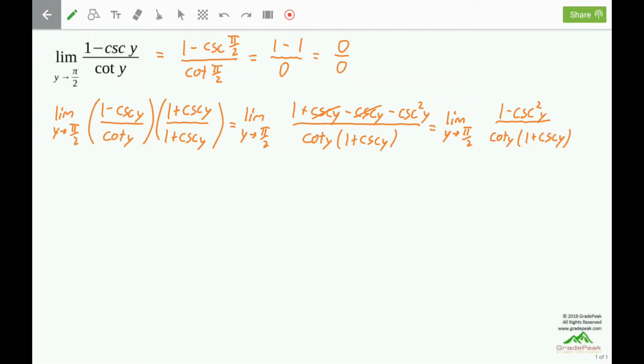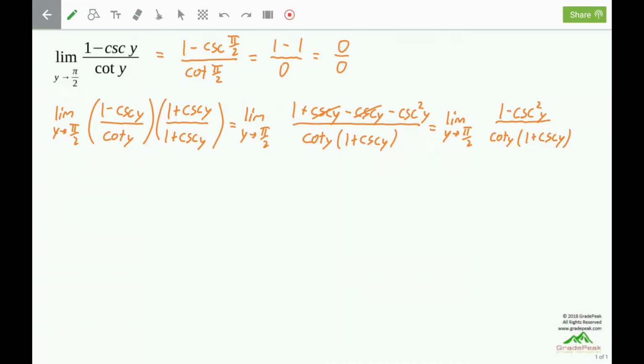Cotangent of pi over 2 is cosine of pi over 2, which is 0, over the sine of pi over 2, which is 1. And 0 over 1 is 0. It's happening because of the cotangent, not because of the 1 plus cosecant of y. And therefore, we're not going to factor that numerator, even though it factors as a difference of squares. You could factor and cancel, but that will take you back to the original fraction that we had. That's not what you do with a trig conjugate.